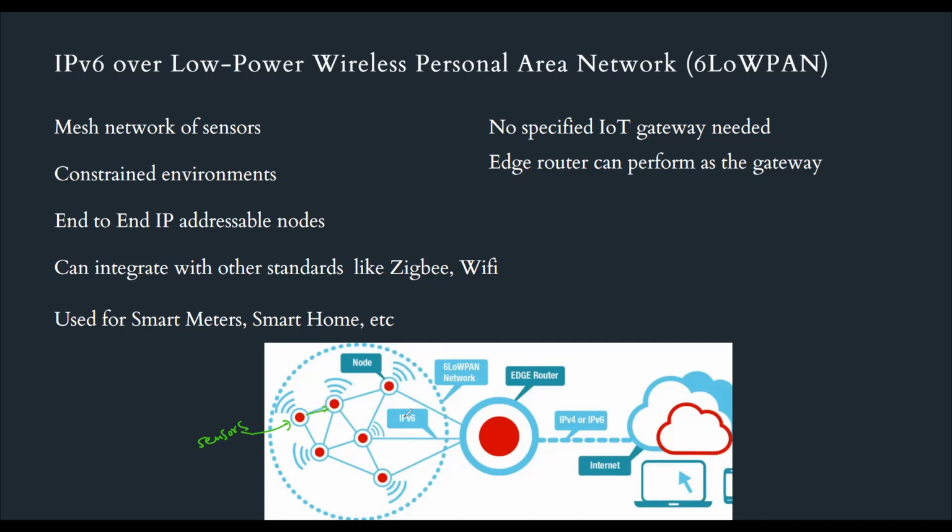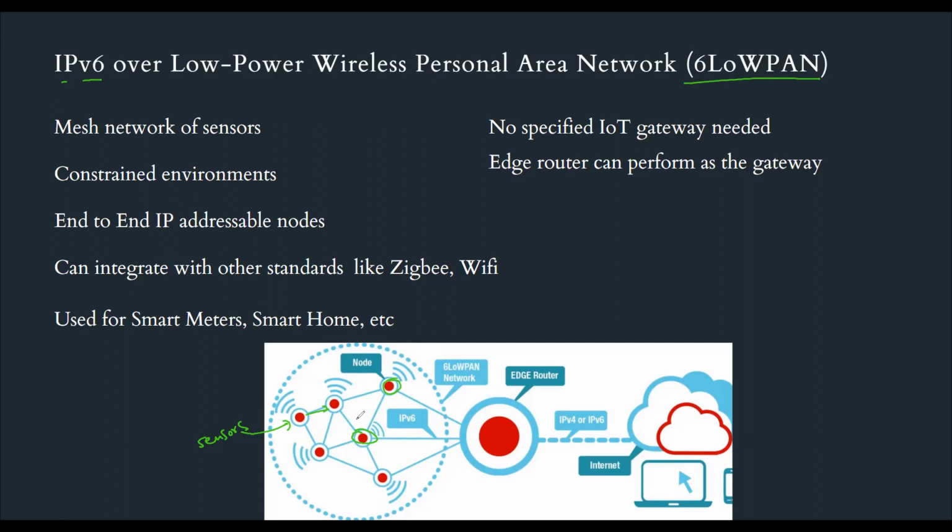Using the IPv6 addressing scheme. So 6LoWPAN is known as IPv6 over low power wireless personal area network. That means it is using the IPv6 addressing scheme to communicate between these sensor nodes, right? So that is why it is known as IPv6 over low PAN network.